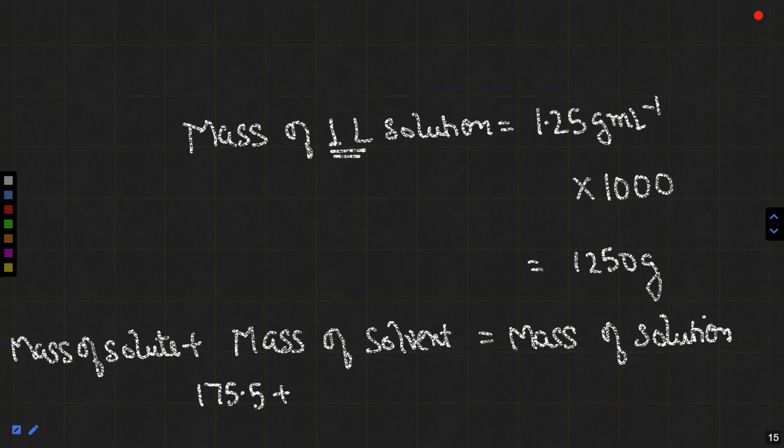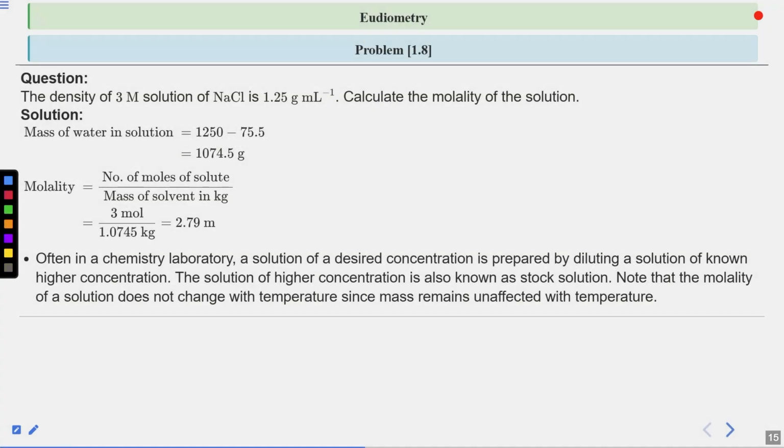The mass of solvent is what we have to calculate, and the whole thing equals 1250. So 1250 minus 175.5 will give you 1074.5.